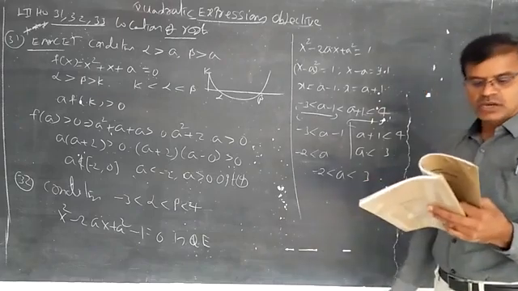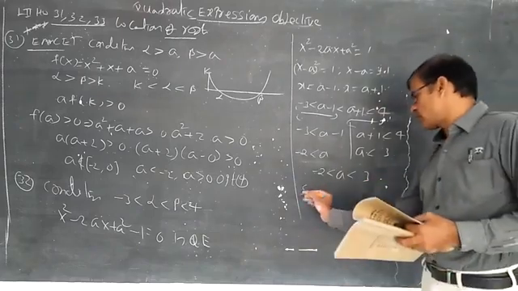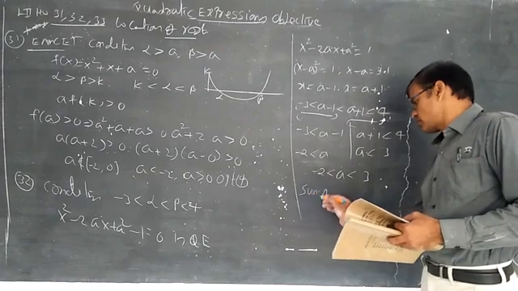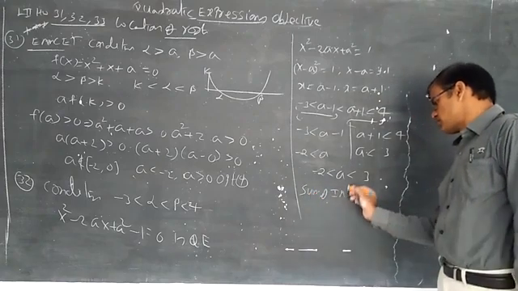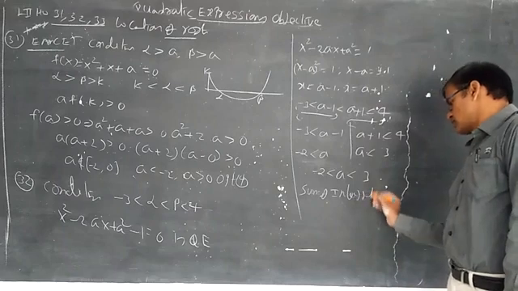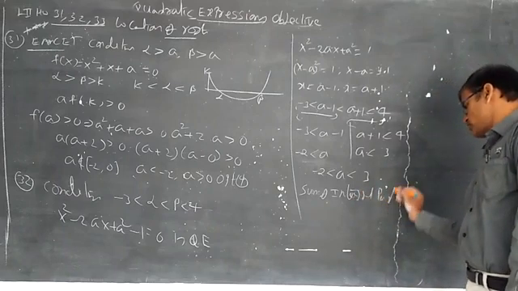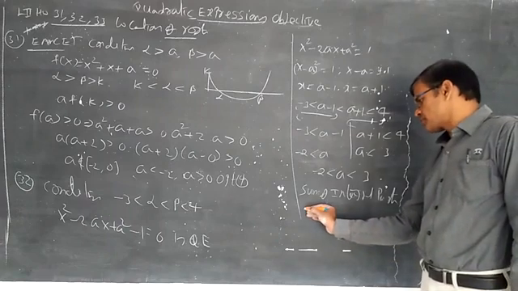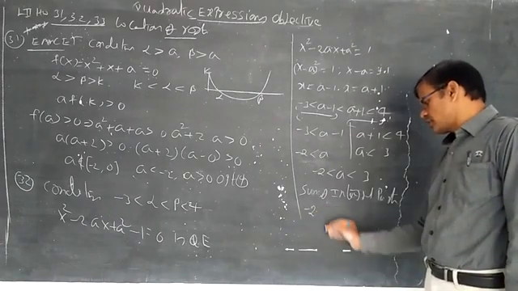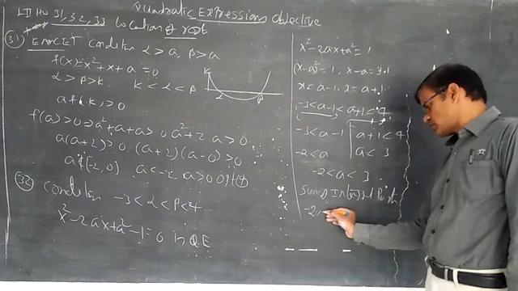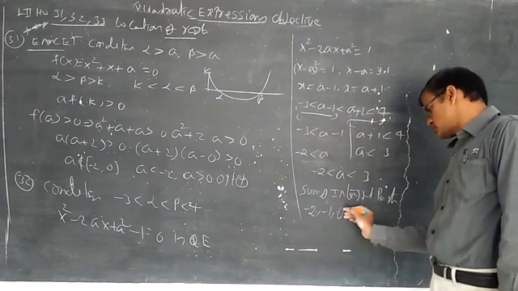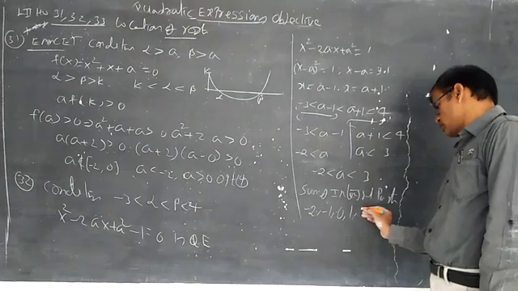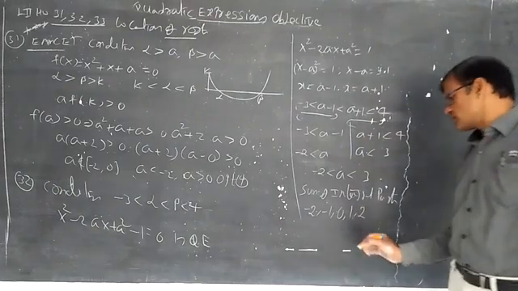He is asking the sum of integral parts. Sum of integral parts means step values. Minus 2 chances are writing minus 1, 0, 1, 2.